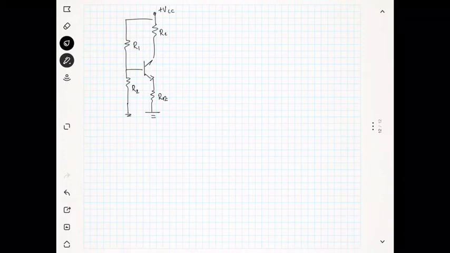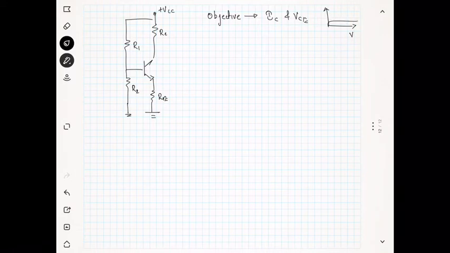The main objective is to obtain IC and VCE, because the transistor characteristics are drawn like this. The x-axis is VCE and this is IC, and we have to draw the load line and find the Q point. So for finding this, we need to obtain IC.